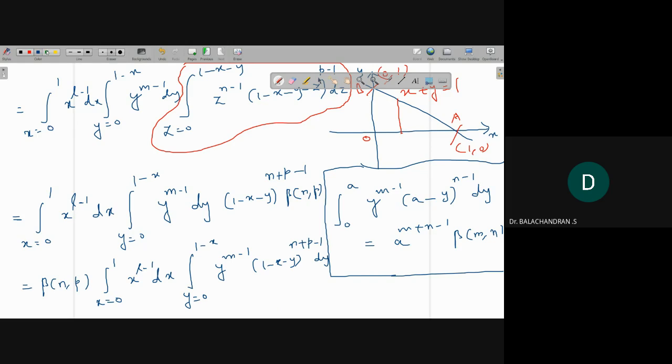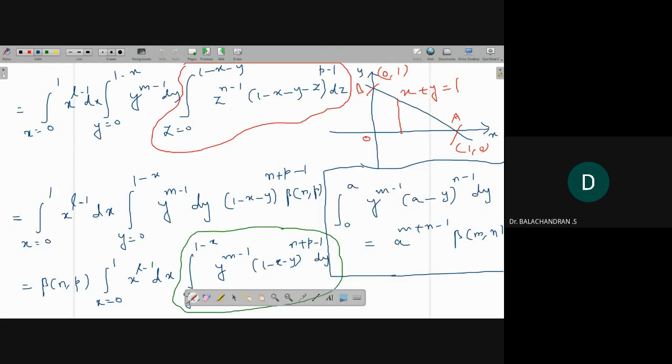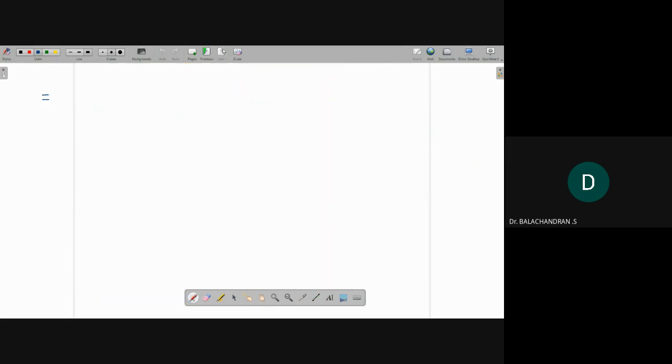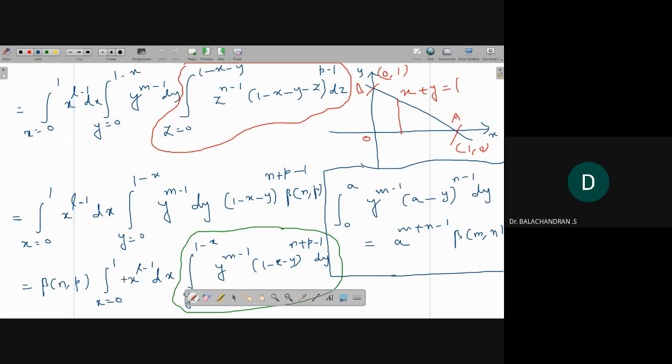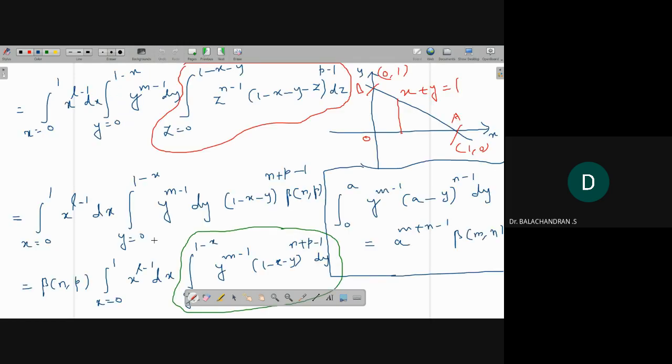So again this integral is equal to beta of n comma p times the integral x from 0 to 1 of x power l minus 1 dx. So what is this integral?